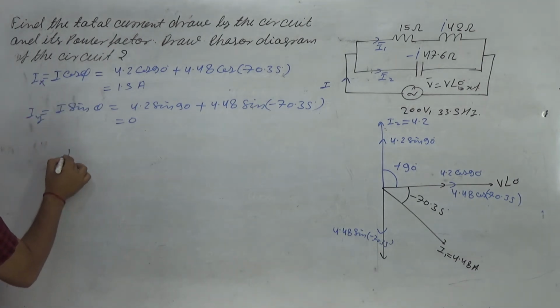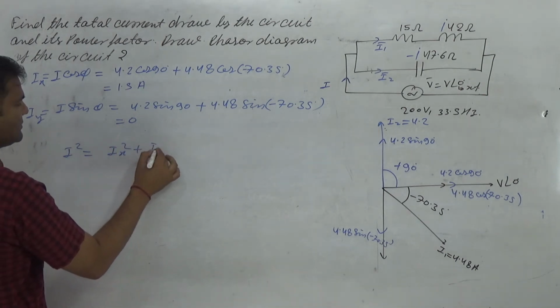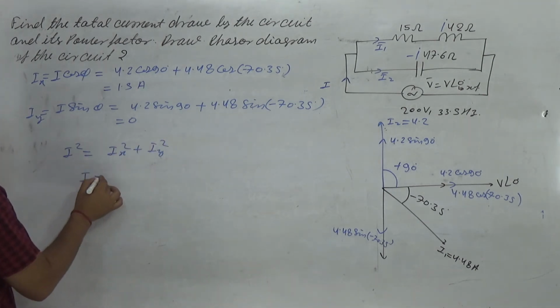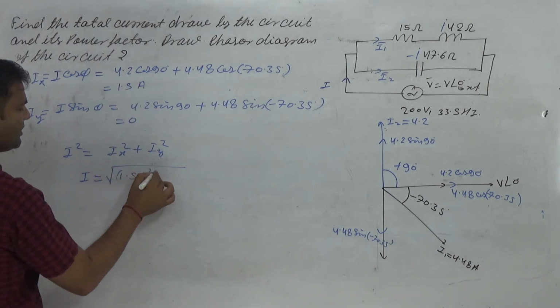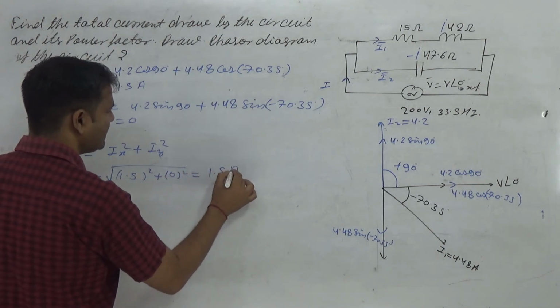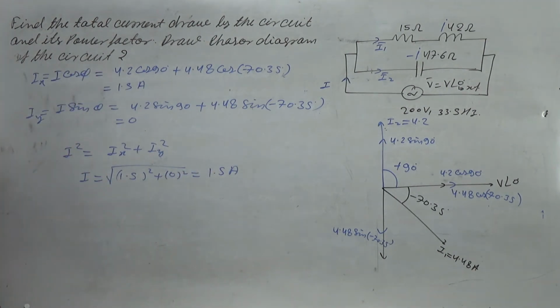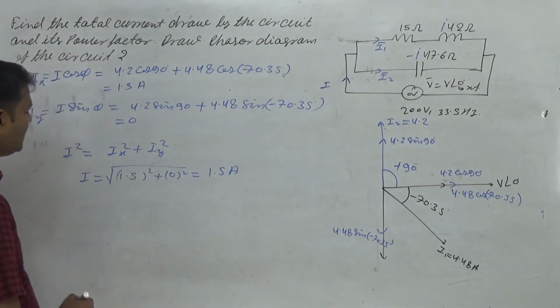I squared is equal to Ix squared plus Iy squared. So what about I? Ix is 1.5 ampere to the whole square, Iy is 0 to the whole square. We got 1.5 ampere; the final answer in magnitude is 1.5 ampere. And what about the angle?